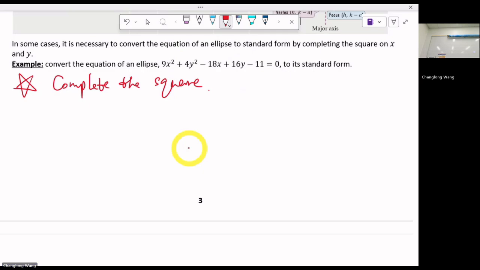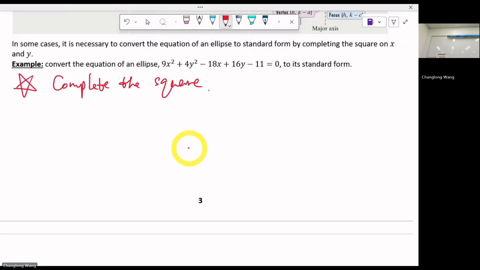Now, what about x minus 3x? How do I complete the square? The same way. You're going to add not an integer anymore, but -3 over 2 squared, and that will be x minus 3/2 squared.